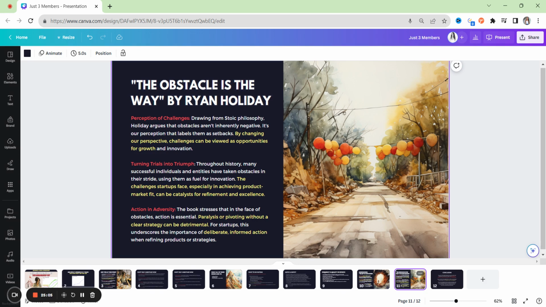The challenge startups face, especially in achieving product to market fit, can be a catalyst for refinement and for excellence.